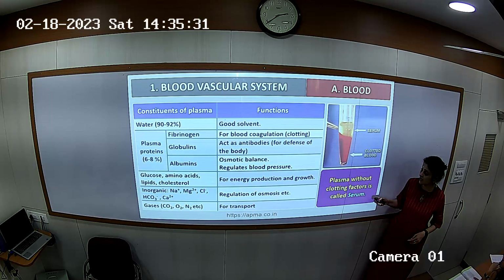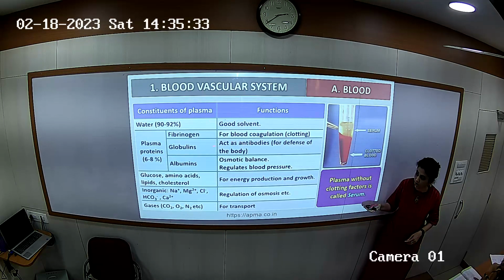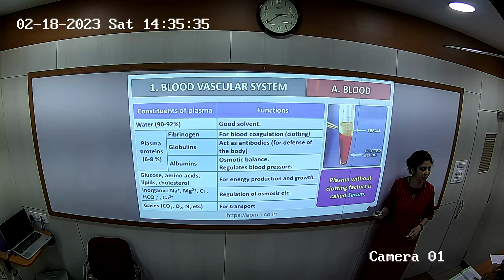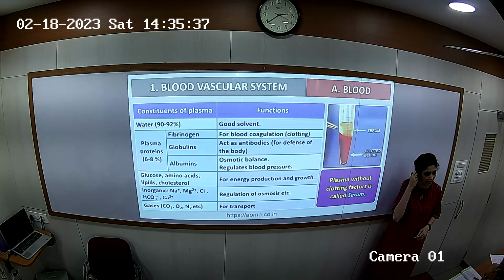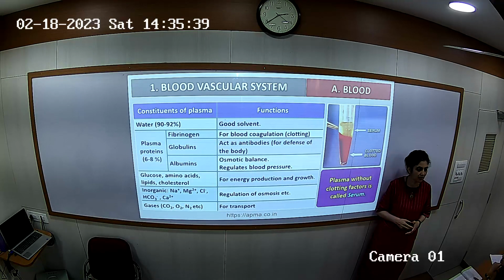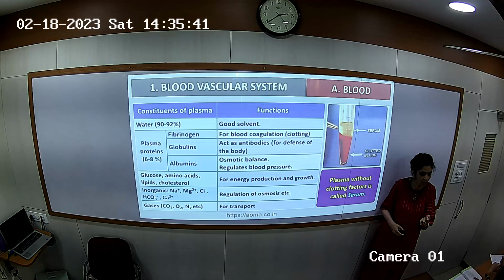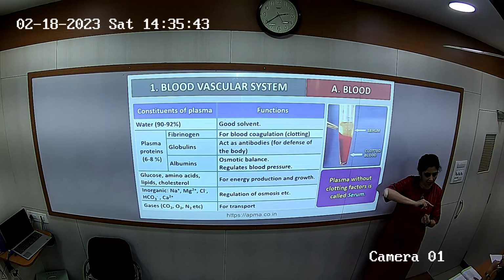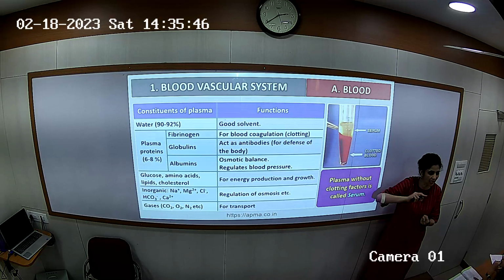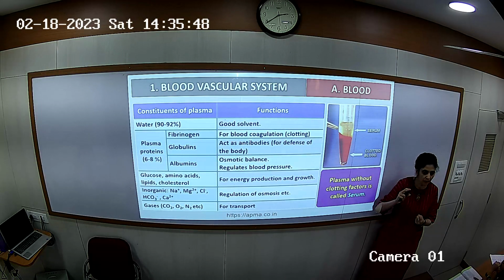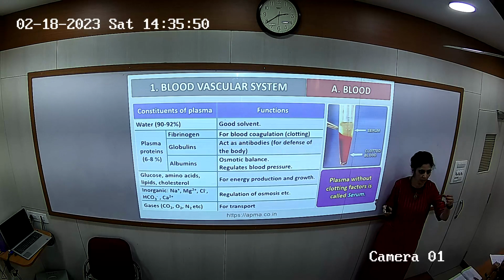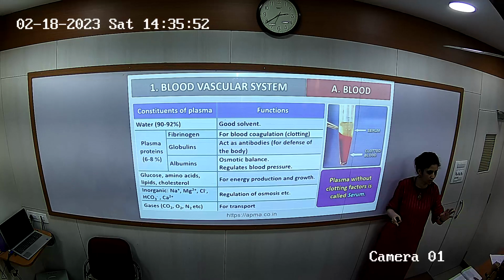Now, what is serum? Plasma also has clotting factors. When we do the coagulation part we will see that plasma has clotting factors. When the clotting factors are used up to form a clot, whatever is remaining is called serum. So how do we get serum? Just put the blood in a test tube and allow it to clot.